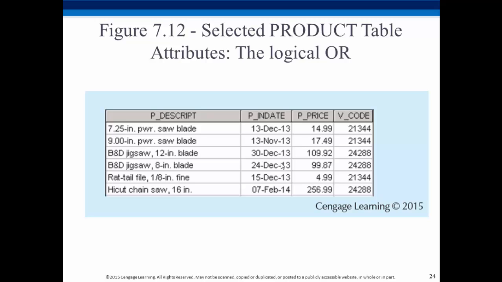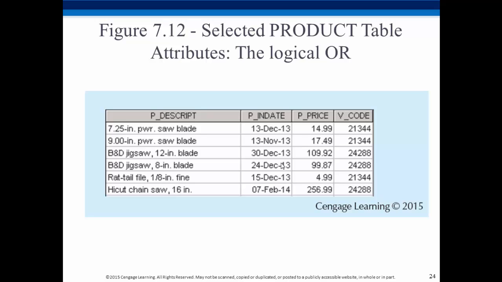If we do logical operators, AND, OR, and NOT, if we look at one for OR, alright, what it's saying here is, if you look for V_CODE 21344 or V_CODE 24288, it'll look for both conditions.